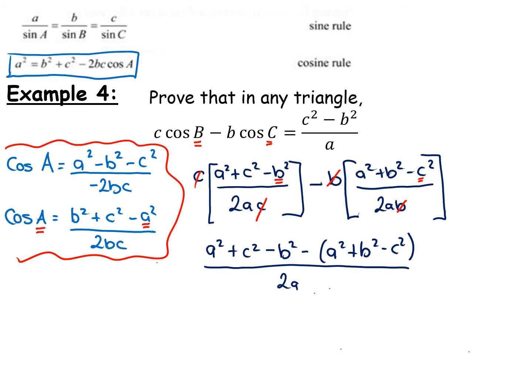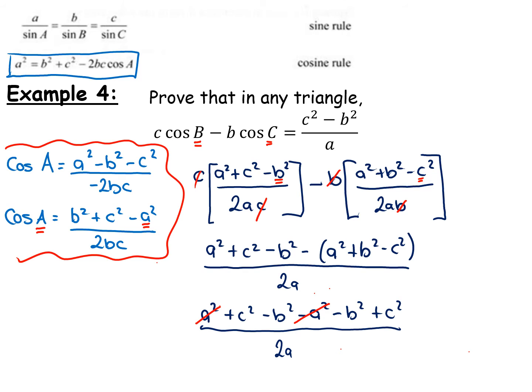Cleaning that up, I get A squared plus C squared minus B squared minus A squared minus B squared plus C squared. And my A's will cancel, and I'm left with 2C squared minus 2. Sorry, no, I actually forgot my bottom line in my rush, so that's all over 2A.